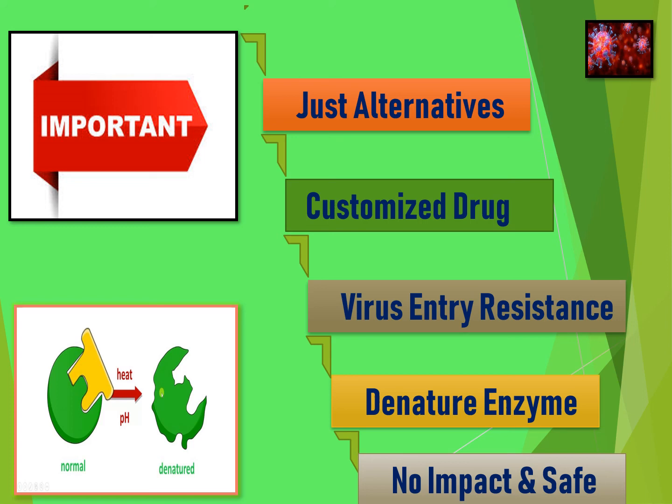That is the reason that though we are using these drugs, the result may not be purposeful or successful. So these are some important points we are considering before planning the preparation of these drugs.